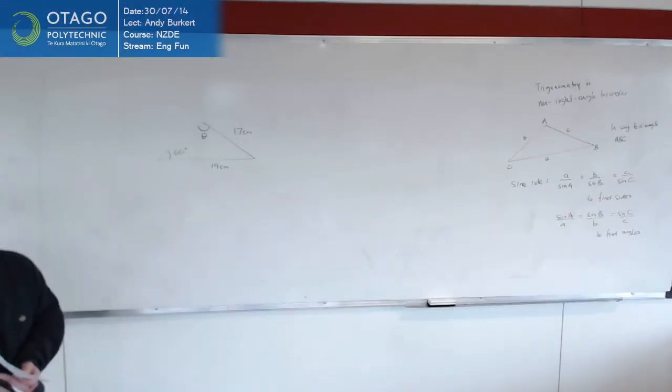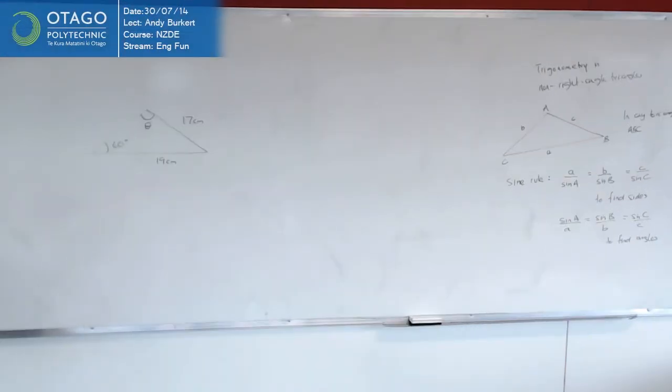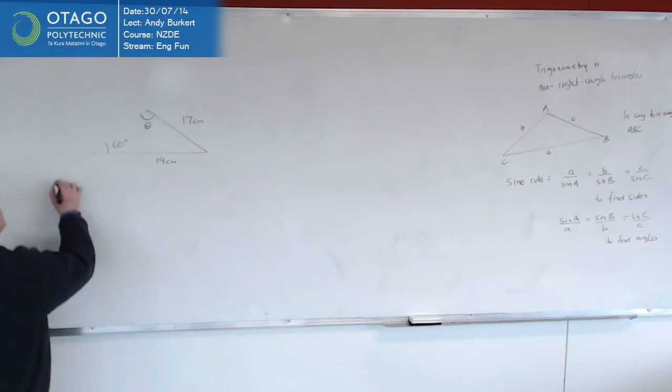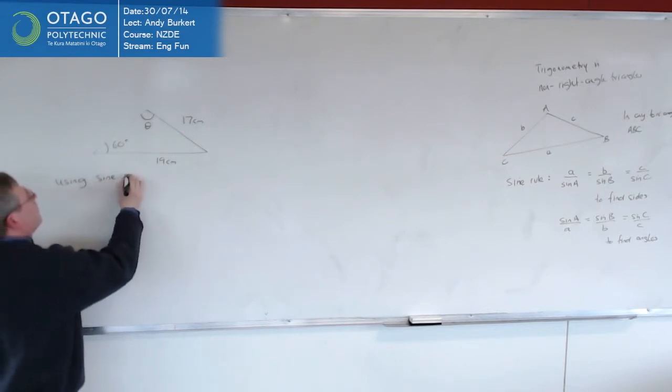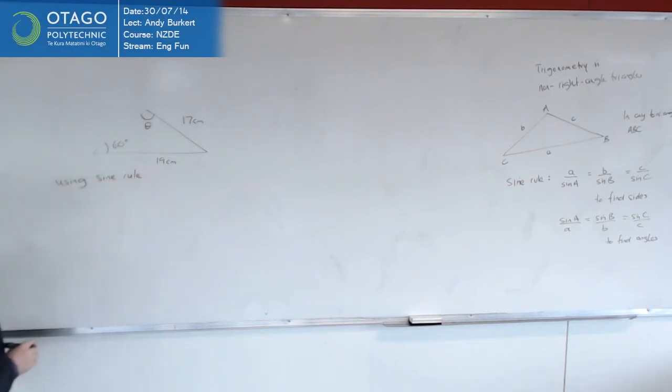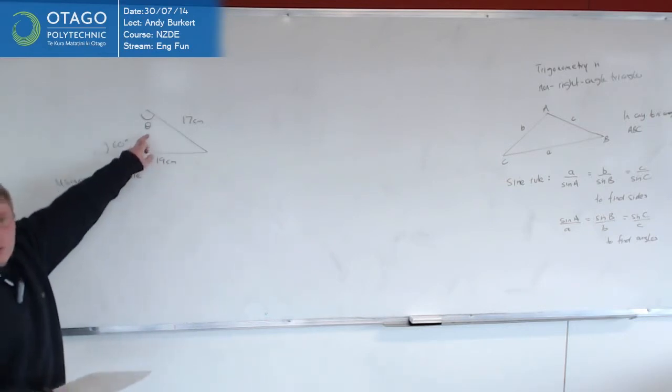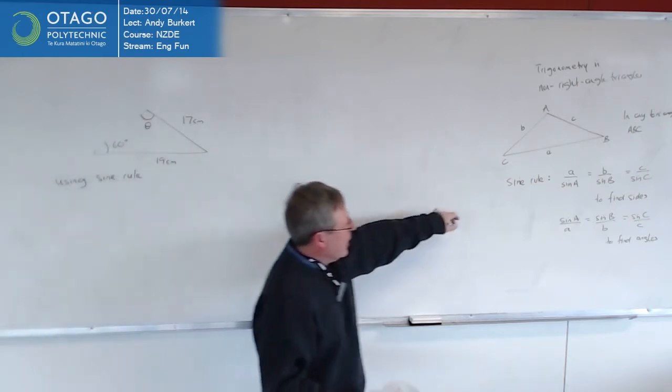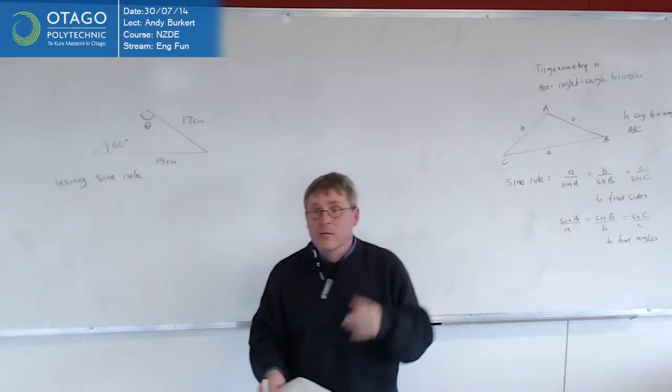No. So I can't use the cosine rule, so I must be using the sine rule. And we always start with what you're trying to find. So I'm trying to find an angle, and when we're trying to find an angle with the sine rule, we use it with the angle on the top.